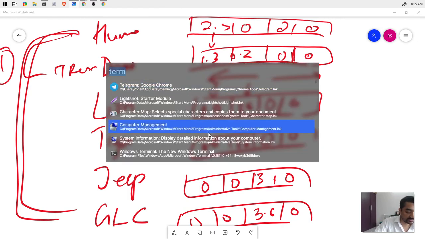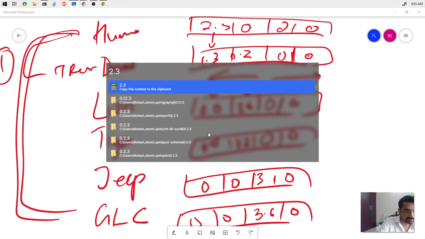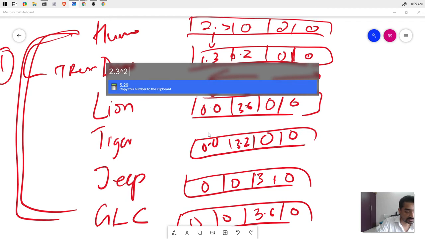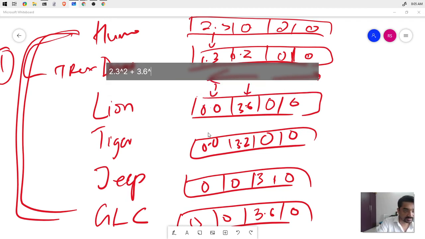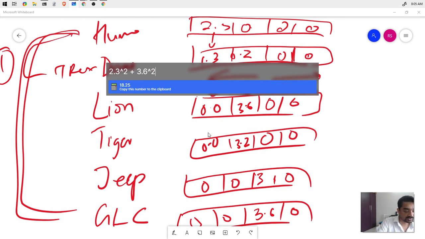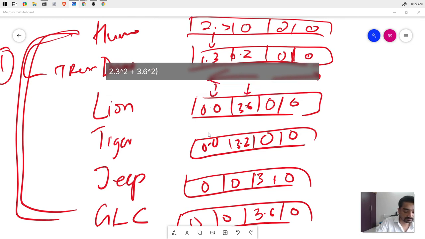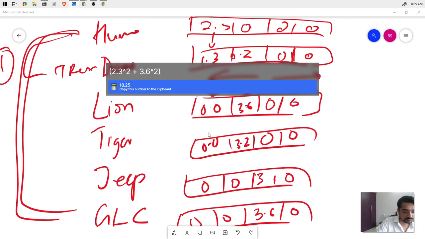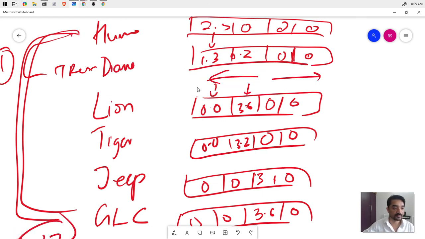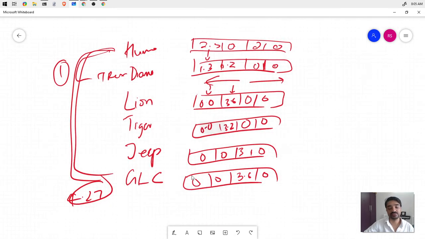So that's going to be 2.3 square plus 3.6 square, 18.25, and the square root is 4.27. So the distance between human and GLC is 4.27, and of course you are expecting the distance between human and GLC to be high, right?